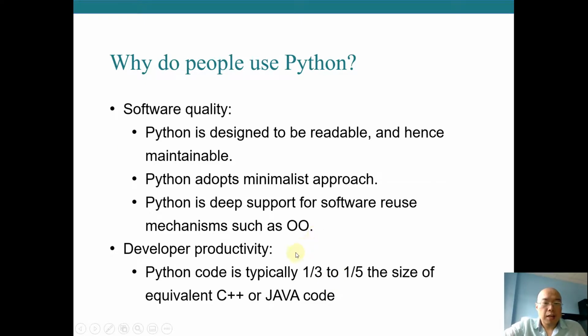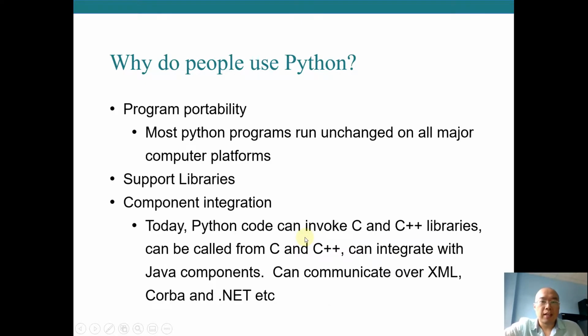For productivity, compared with old-school programming languages like C++ or Java, Python can usually do the same thing using much fewer lines of code, and that's also very important.